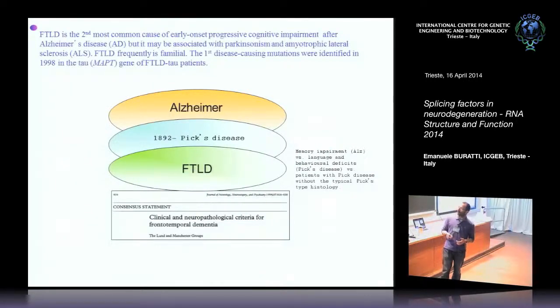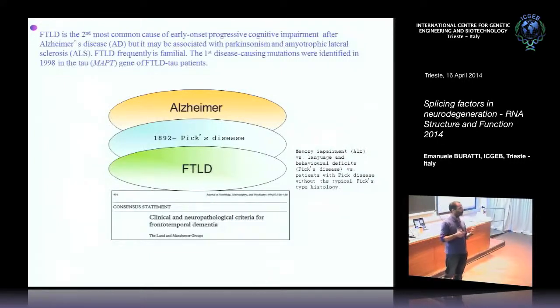This is frontotemporal lobar degeneration. Frontotemporal lobar degeneration is different from ALS because it was initially described as not involving the motor neuron system, but basically involving behavior.